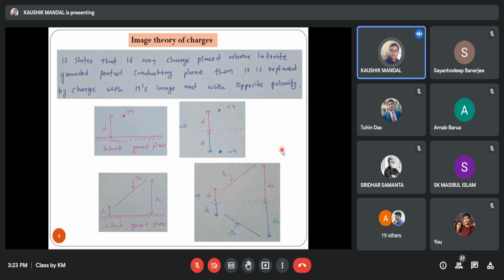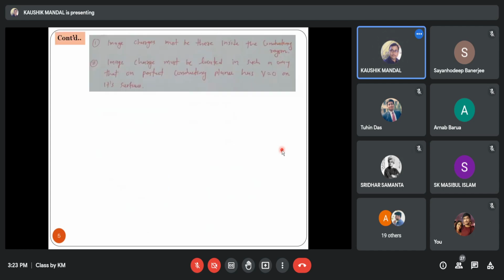The image charge polarity will be opposite of the actual charge, and it will be at the same distance from the reference line. So these are the two important features of the image theory of charges. First, the image charges must be inside the conducting region.